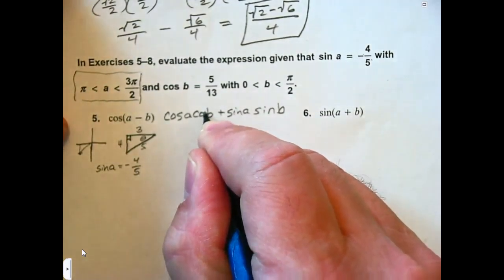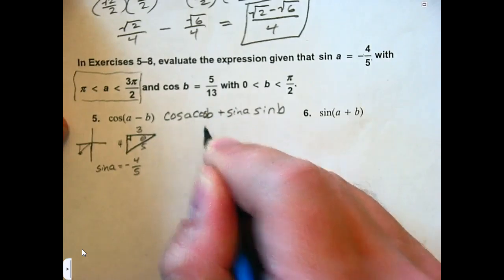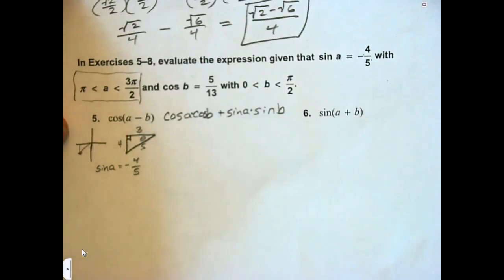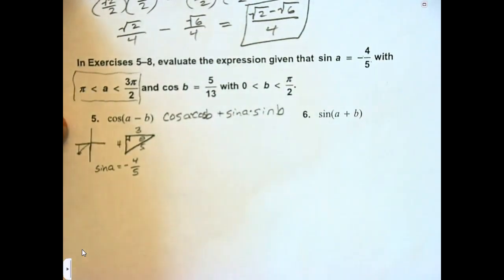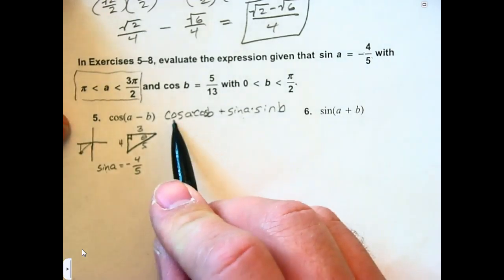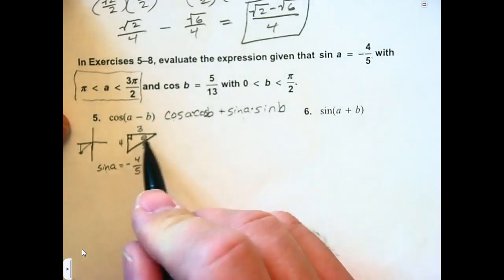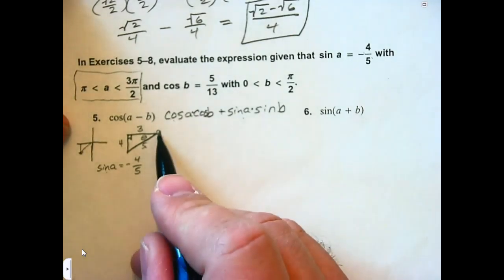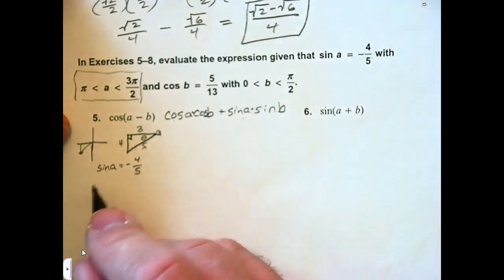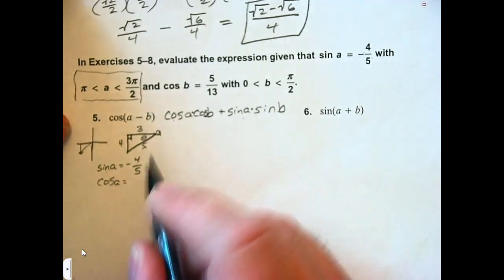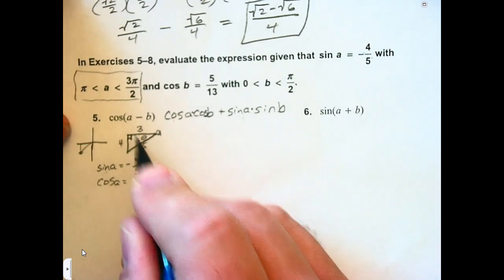It does say cob, or something, but it's supposed to be cos. Okay? So we've got that. We know sine A. We actually need to know cos A as well. This is angle A. So the cosine of A is -3 over 5.